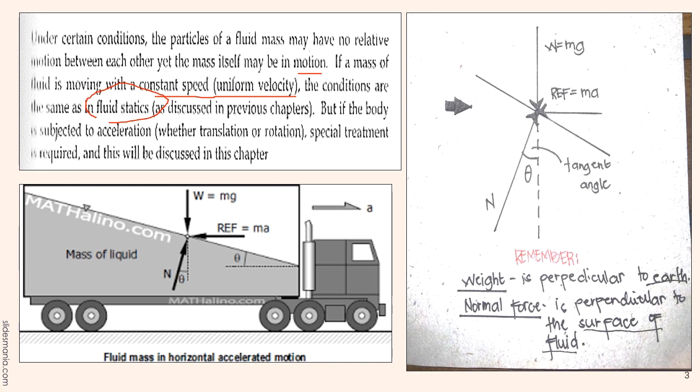The REF, or reversed effective force, is mass times acceleration, or kilograms times m/s squared, which is still force in newtons. And we have our angle theta and the normal force. Remember that weight is perpendicular to Earth, and the normal force is perpendicular to the surface of the fluid.